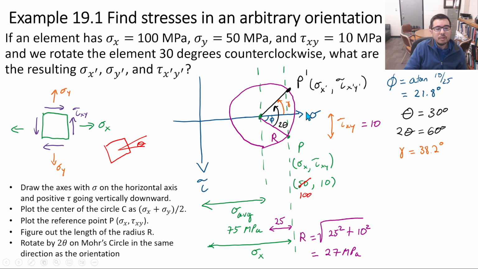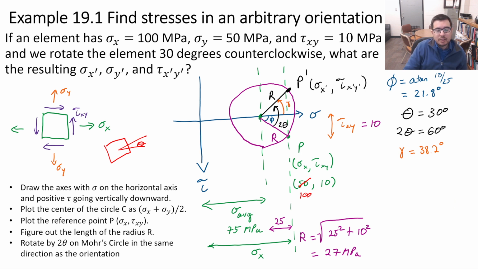So here we get that this angle was down at 21.8 by using the arctangent, or using the tangent, right? So this is 10, this was 25. We could figure out what this angle phi is, and we know we're rotating 60, and so we can figure out that alpha is going to be 38. It's going to be 60 minus 21.8 to get us this angle with a horizontal above the axis.